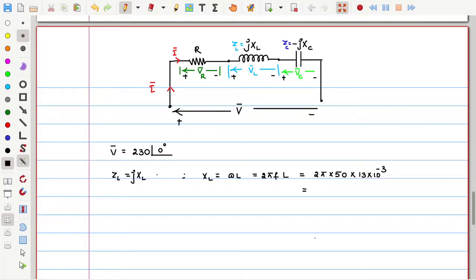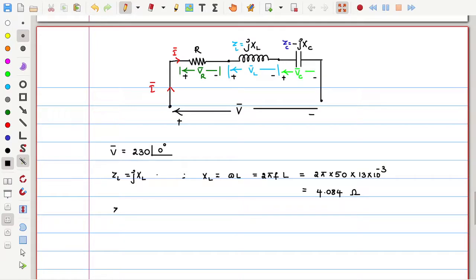Let me calculate: 2 pi into 50 into 13 into 10 power minus 3. So this is 4.084 ohms. This is the inductive reactance.